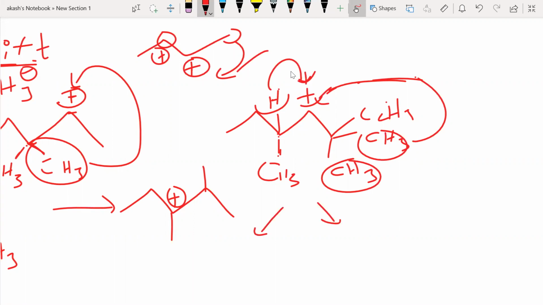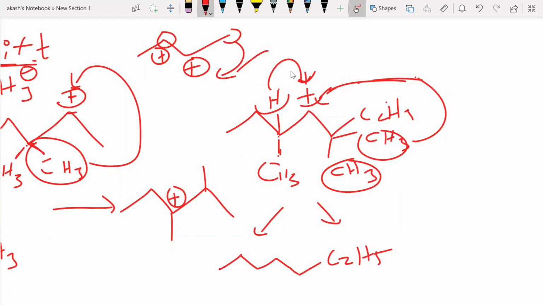Say now this ethyl group still stays C2H5, and I'll just talk about the hydride shift now.